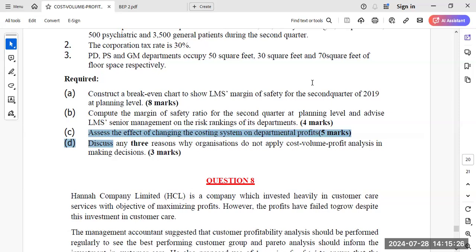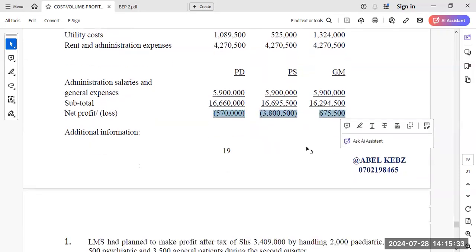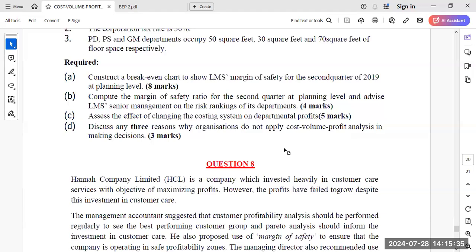Already we have the departmental profits when you check. These are our profits. So what is the impact of changing the costing system on the departmental profits?